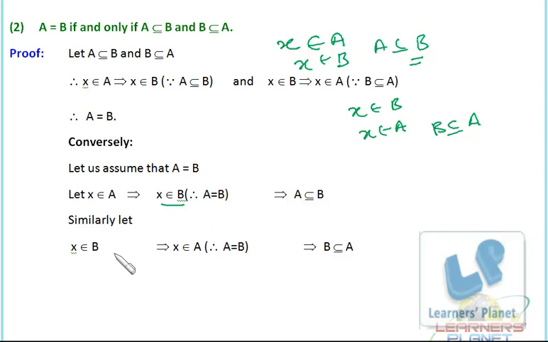Similarly, if X belongs to B and X belongs to A, that means B is a subset of A, right? So you can go this way and this way. So you can write all the steps mentioned over here, but you should be conceptually clear.